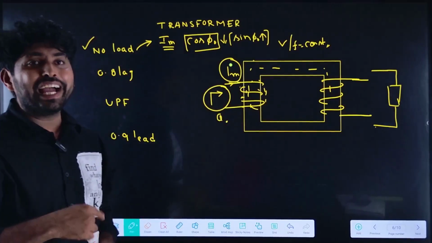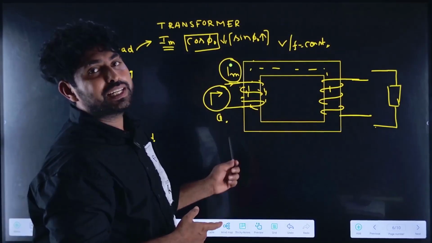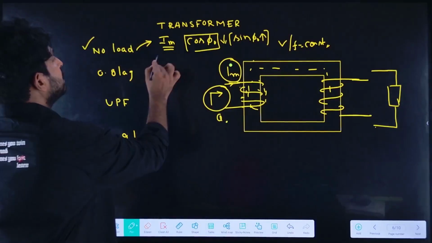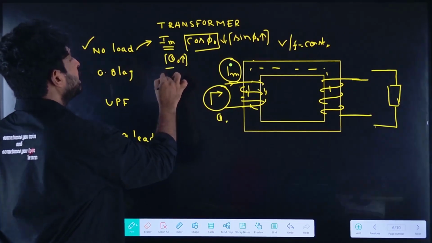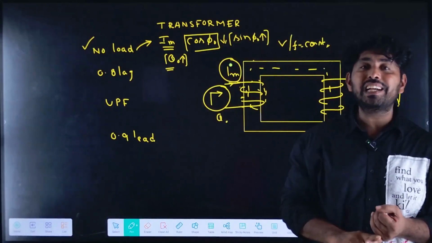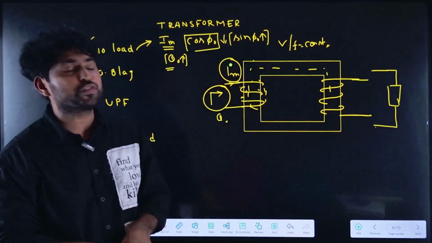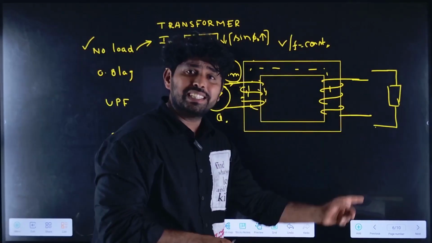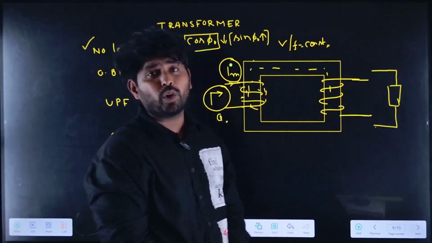The no load reactive power is more and it is taken from the source. So in simple terms, the function of the reactive power in a transformer is to produce the flux in the core, and the flux has to be maintained constant.